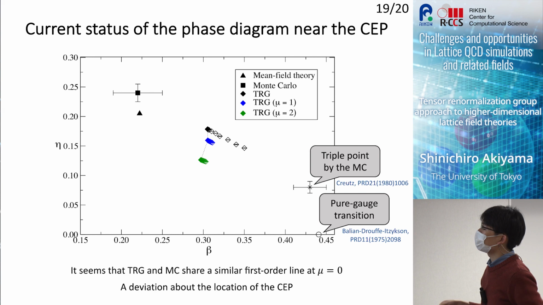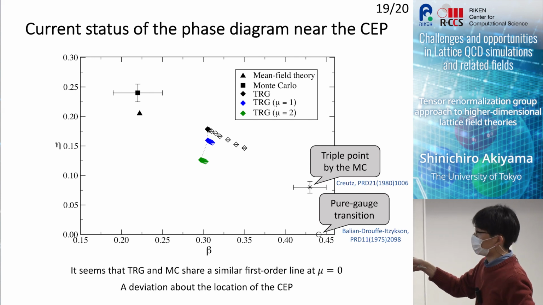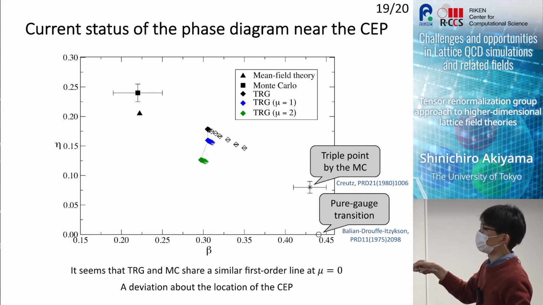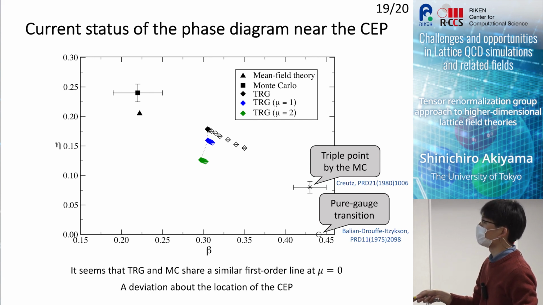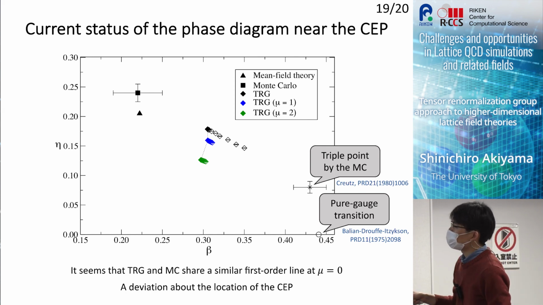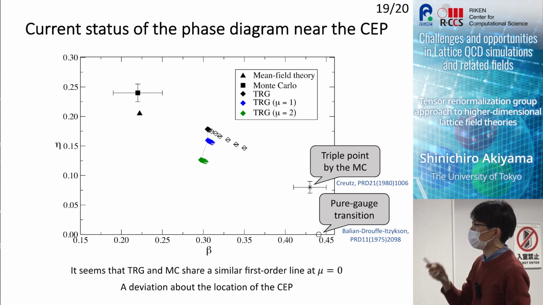So as I said, the model includes the matter field, so we can consider this model with a finite chemical potential, and we can do almost the same thing and determine the critical endpoint in the finite density, finite chemical potential case. I'm showing these results by the blue symbols and the green symbols. And as I said, we see quite a deviation in the location of the critical endpoint between the TRG results and the Monte Carlo results.